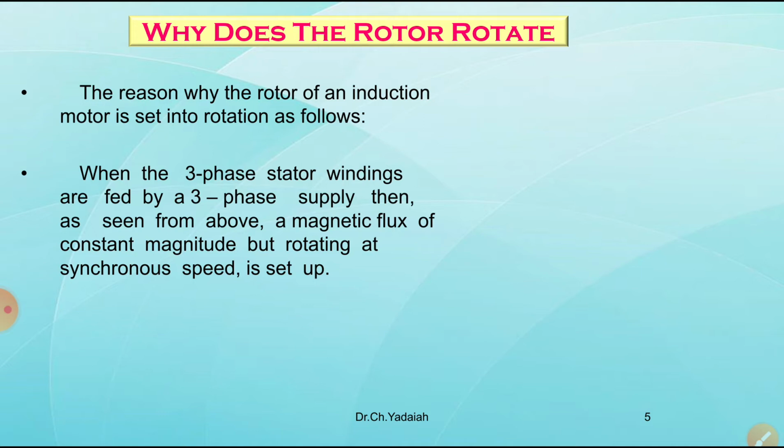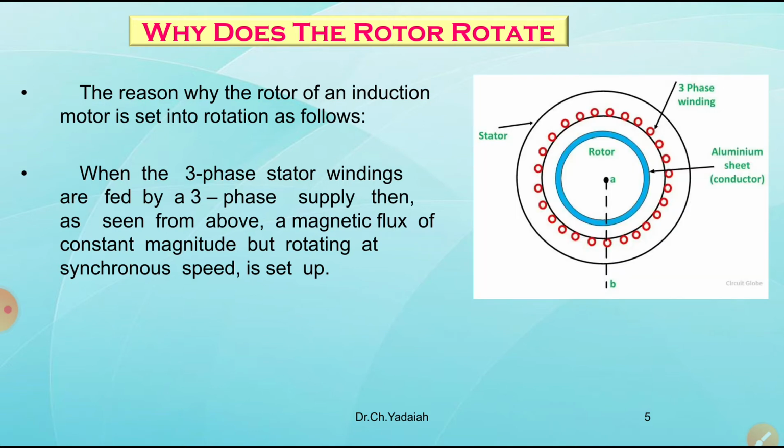One, when three-phase stator windings are fed by three-phase supply, then as seen from the above, the magnetic flux of constant magnitude but rotating at synchronous speed is set up in the air gap. Okay. Now you can see this diagram, where this is a three-phase stator and this is a rotor. The rotor may be a squirrel cage rotor or a slip ring rotor. There is a winding.